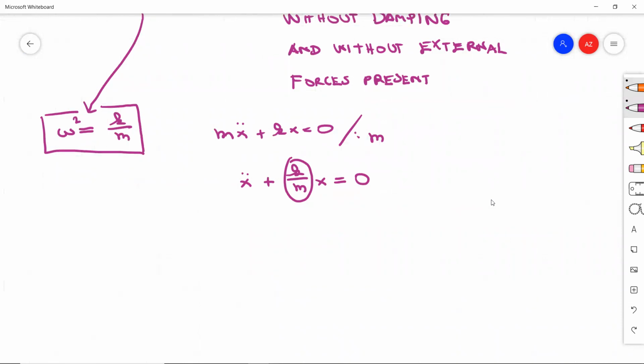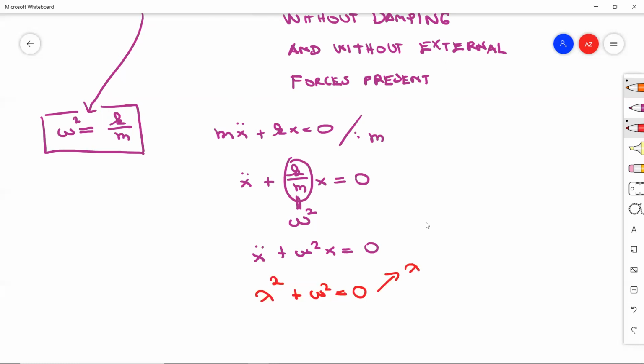And to stress that it's positive, we introduce new unknown, which is omega squared. So we need to solve the differential equation x double prime plus omega squared x is equal to 0. Let's solve this homogeneous DE. So the characteristic polynomial is lambda squared plus omega squared is equal to 0.